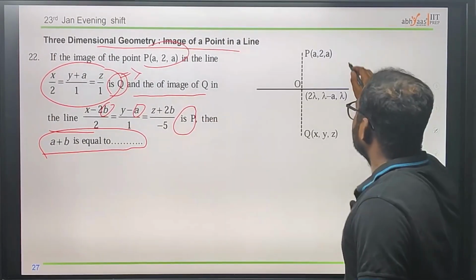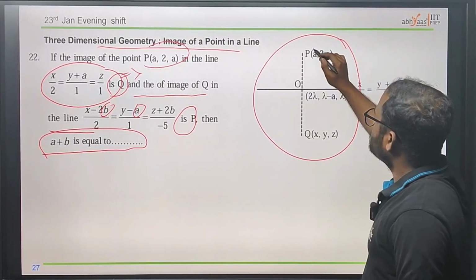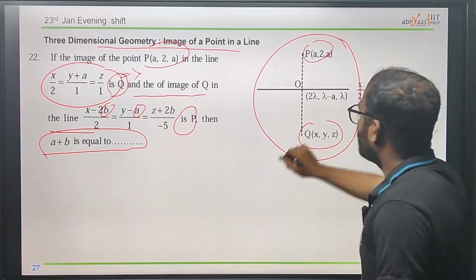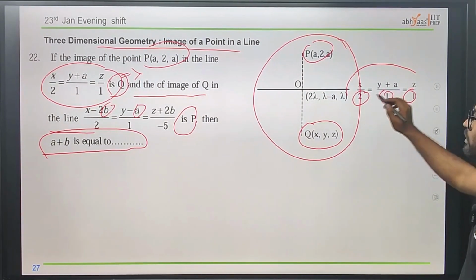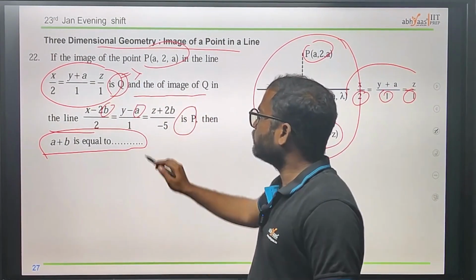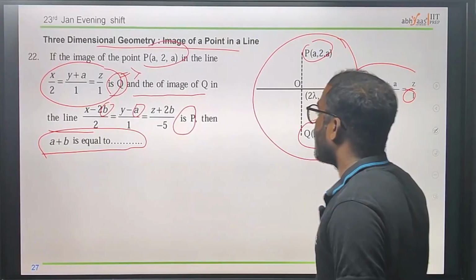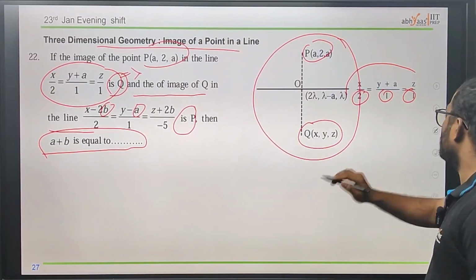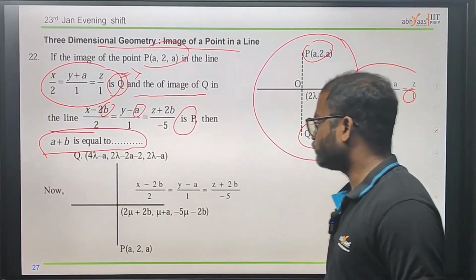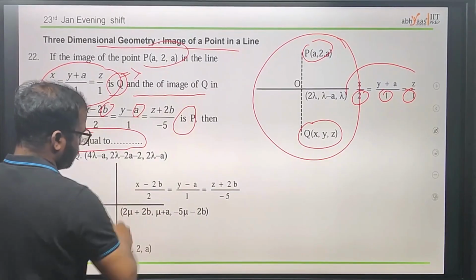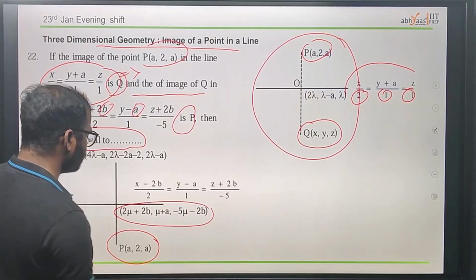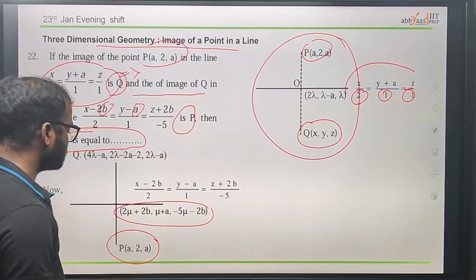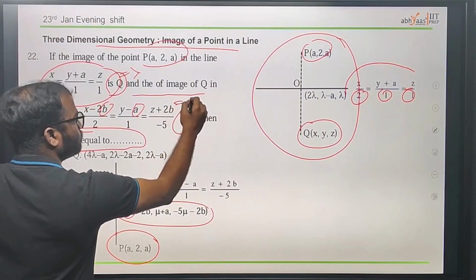See here, we have this type of situation where P is this point and the image will automatically be Q, and the direction ratio is 2, 1, 1 from the given line. We have to find the unknown values. From the given question, P is here, and the direction ratios, 2 mu plus 2b, we take as mu.